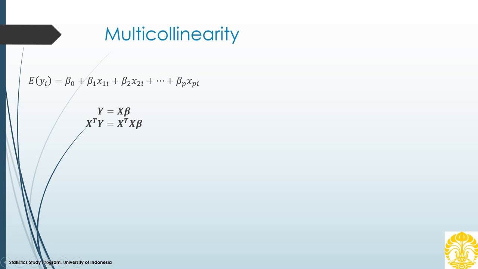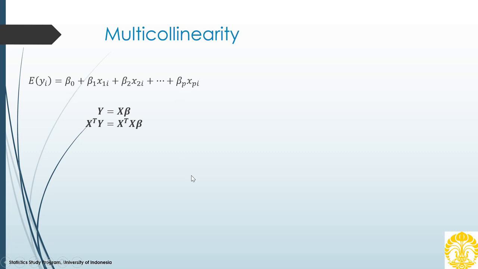I think in other videos I've already explained the entries in y, the entries in x, and the entries in beta. Now, using ordinary least squares, we want to estimate the beta here. If we have a sample size of n, the matrix x will be of size n rows and p plus 1 columns.